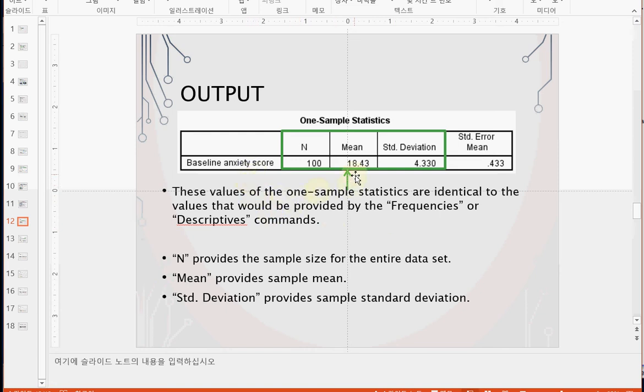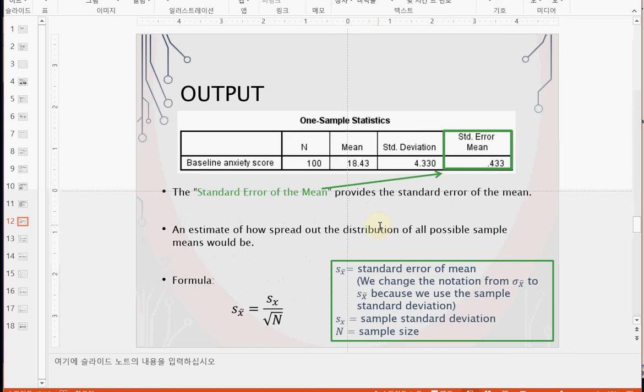You see the mean is 18.43. So we're going to see whether this number is significantly different from 18. Here, the standard error of the mean is 0.433, calculated from this formula: standard deviation over the square root of sample size.